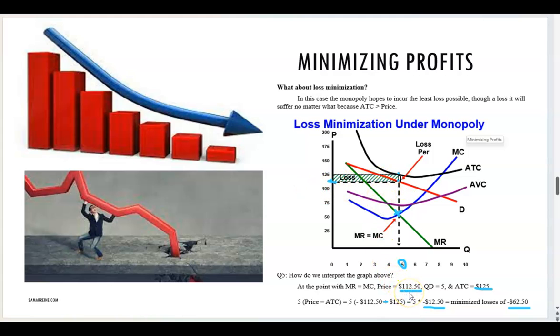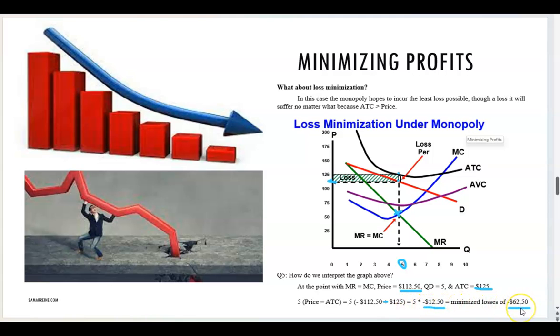And you look at it and you go, okay, what is our price? The price is $112.50. What is the average total cost though? Because the average total cost is above, see how it's above the demand curve, which makes it above the price in this case. Then you come over here and find out that it is 125. That's a problem. Each unit is losing $12.50. There are 5 units.